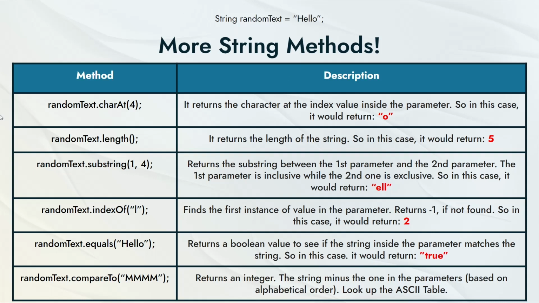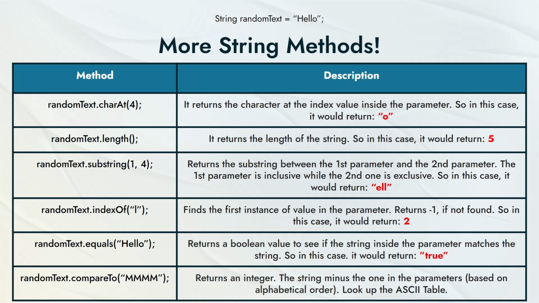So randomText.charAt returns the character at the index value inside the parameters. If I say randomText.charAt(4), it will return the character at index 4. Because it goes 0, 1, 2, 3, 4, randomText.charAt(4) would return O, because O is at the 4th index.